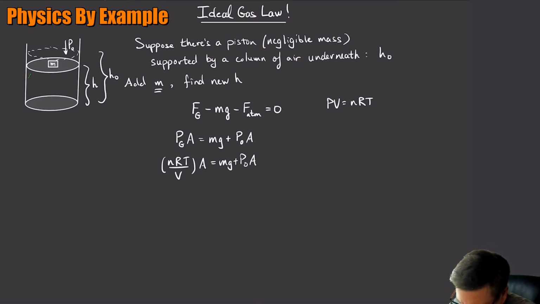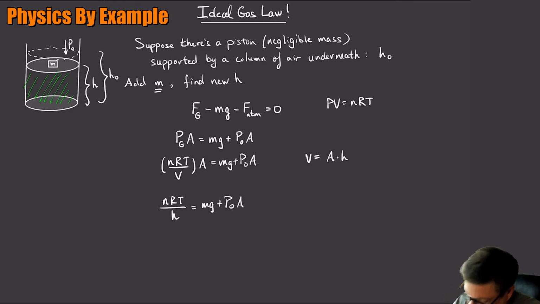After this thing has squashed down a little bit, the volume is just going to be the area of the plate times h, right? So that's how we're going to get h in here. This is going to be nRT over h. And look, we had an A up top, so those A's are going to cancel out. And so this is just going to be mg plus P naught times A.